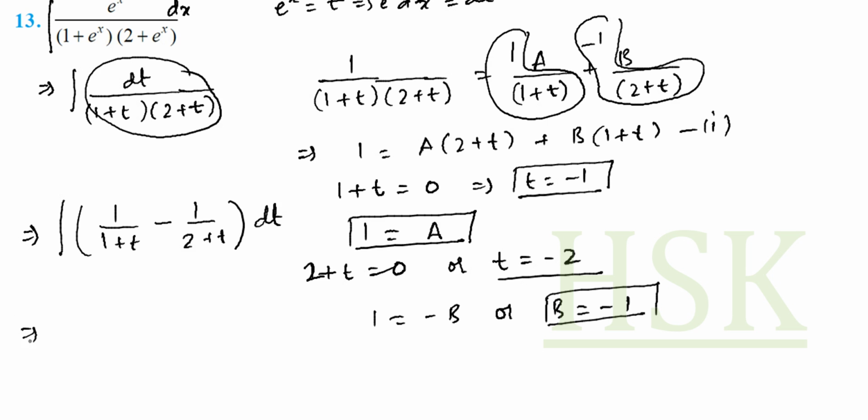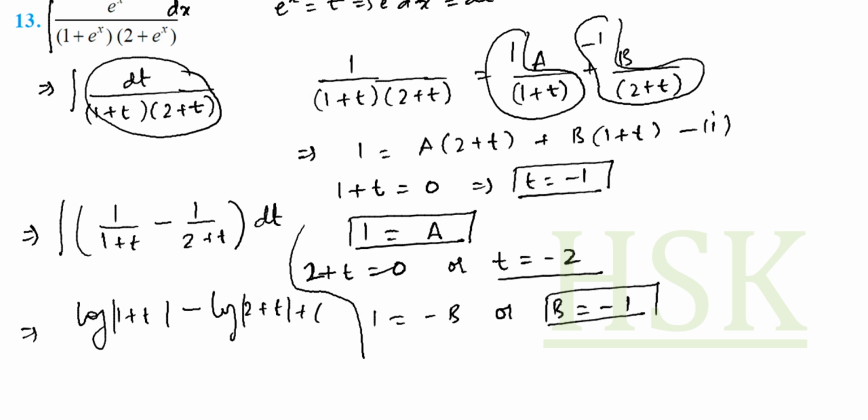Now this integration is very simple. Integration of 1 upon 1 plus t will be equal to log of 1 plus t. Integration of 1 upon 2 plus t is equal to log of 2 plus t. Plus c is always going to be there as an integral constant.